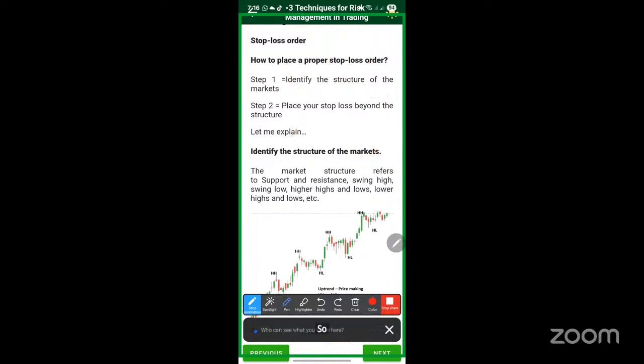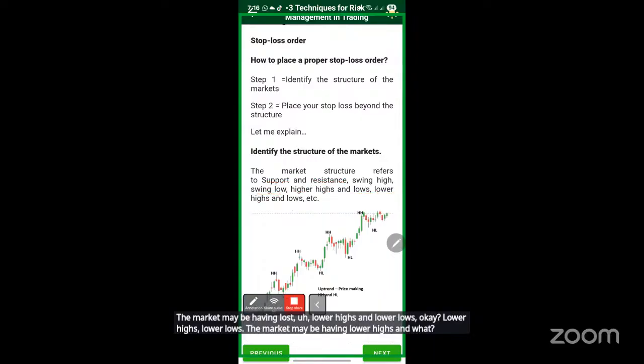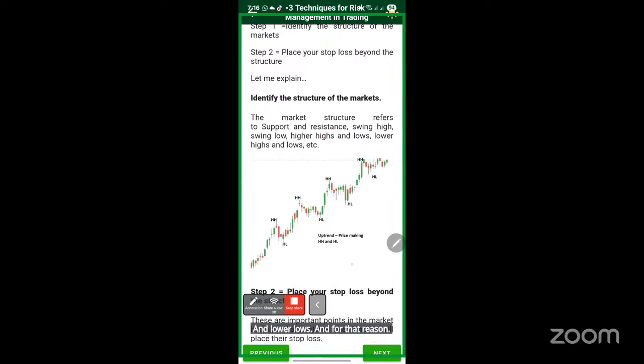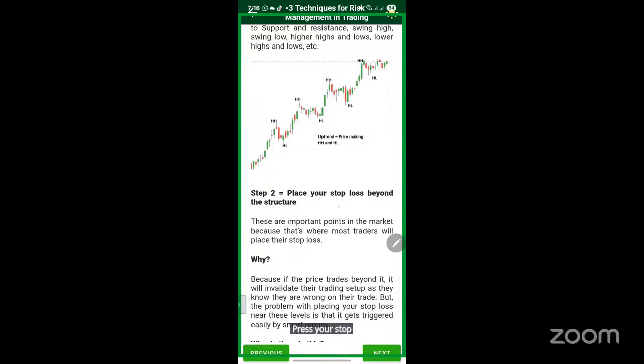The market may be ranging within the support and resistance, or swinging, where we have a swing low and a swing high. The market may be having lower highs and lower lows. And for example, here, uptrend, price making higher highs and higher lows. Step 2, press your stop loss beyond the structure.